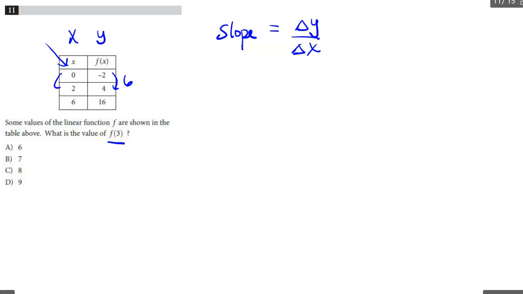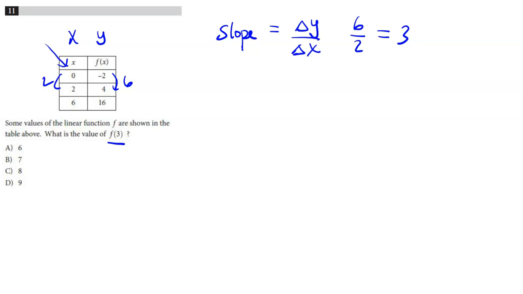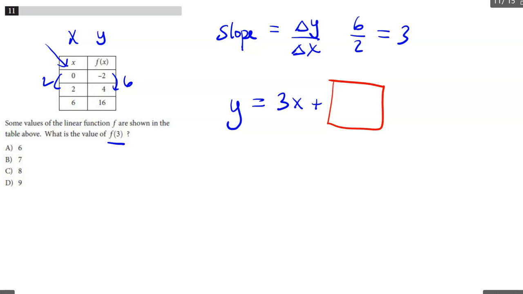And the x's are increasing by 2. So that's a change of 6 compared to 2, which gives me a slope of 3. So I know right now the equation is y = mx + b. Problem is I don't know what my b is, my y-intercept.